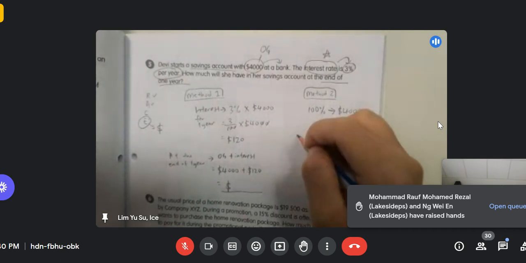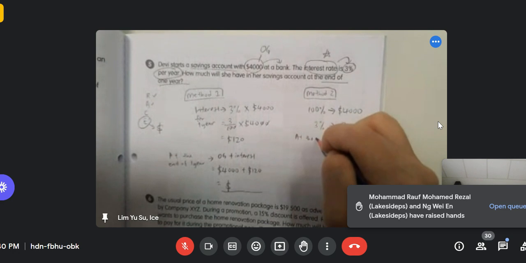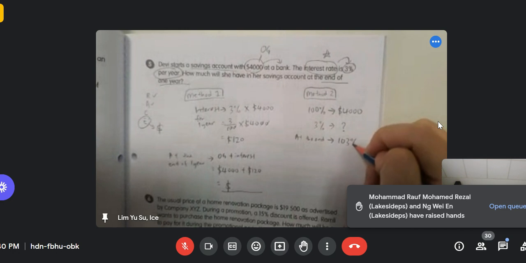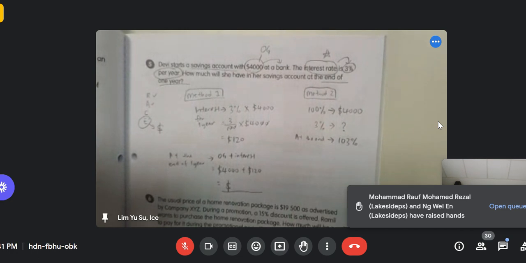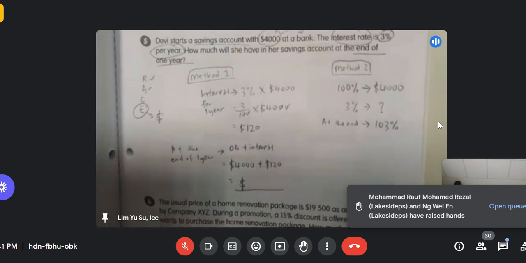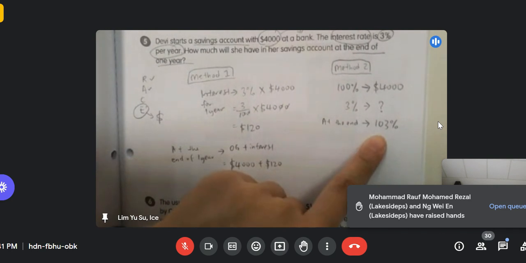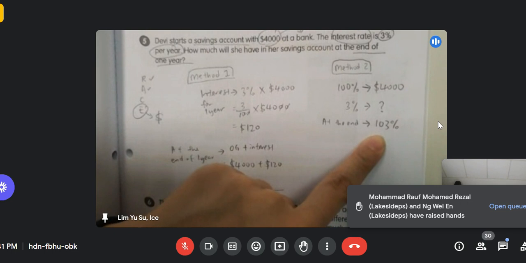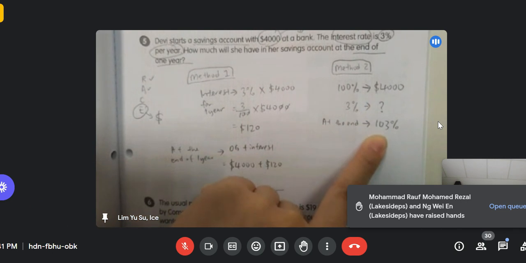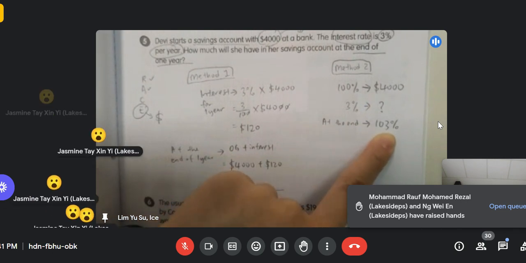At the end of the year, it should get you 103%. Are you able to understand this? Can you see why it will be more than 100%? Yes, because the money grew beyond the actual amount. The actual full amount is $4,000. Because the money grew, it becomes 103%.